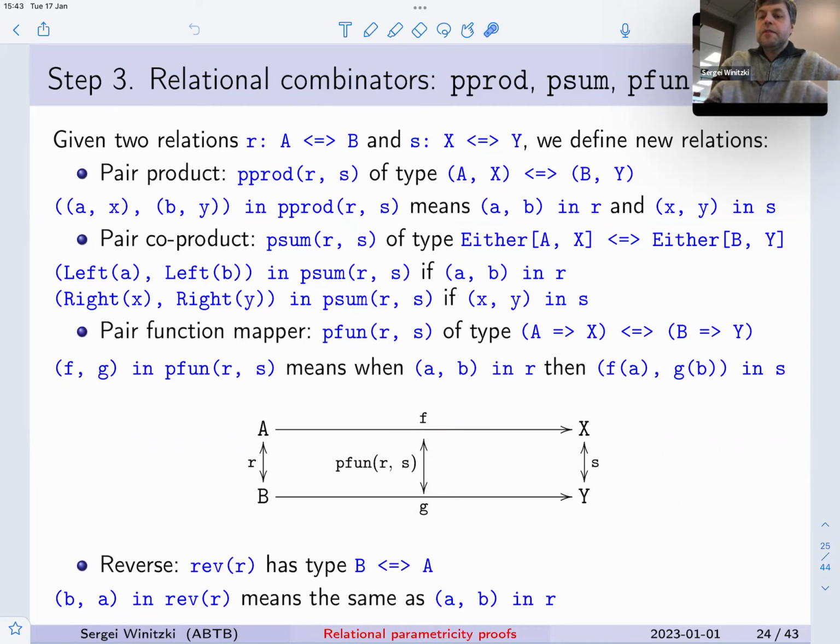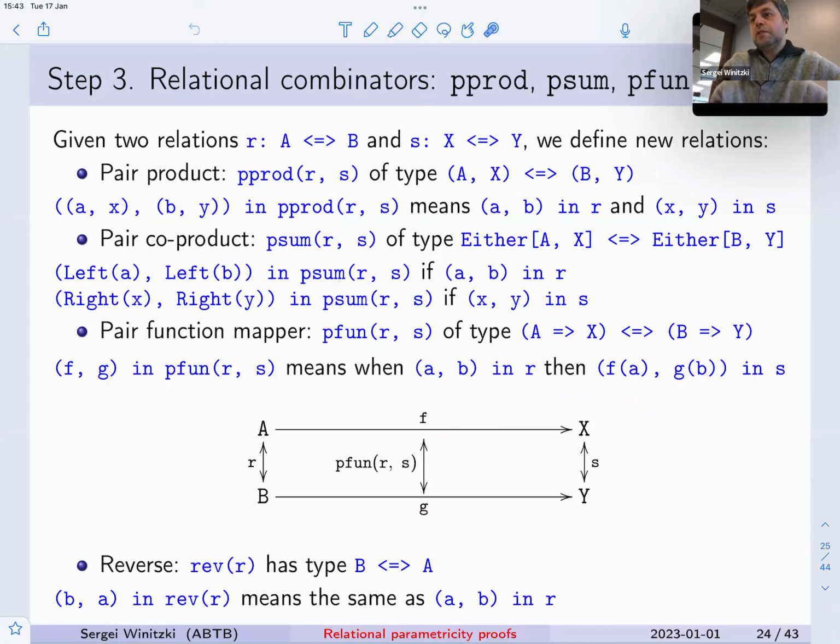Now, this definition looks simple, but actually it's quite complicated to understand and to use, because this is not an equation. It is not that f and g satisfy some equation. It's not in this form. For all a and b that satisfy some condition, f of a and g of b must satisfy another condition.